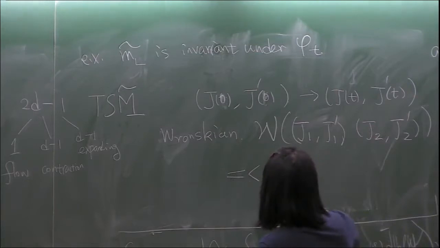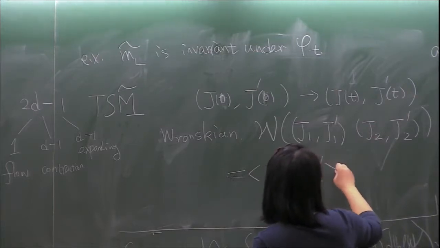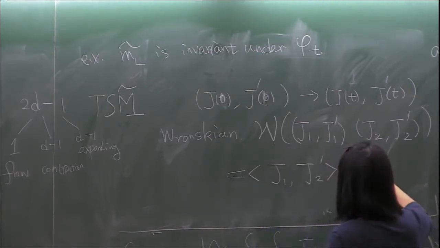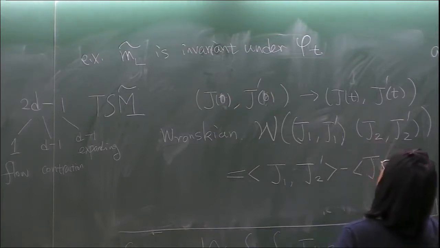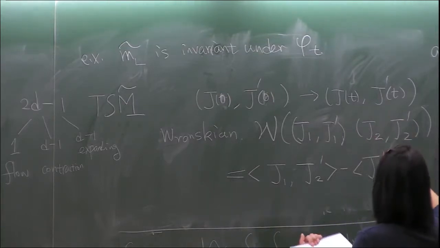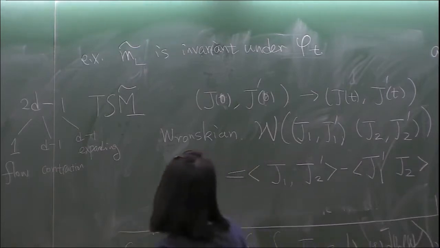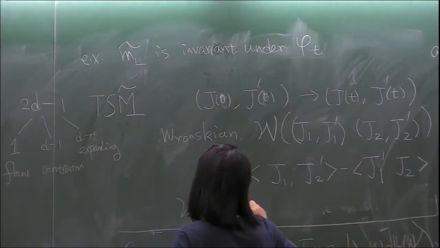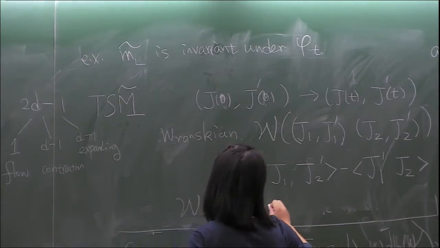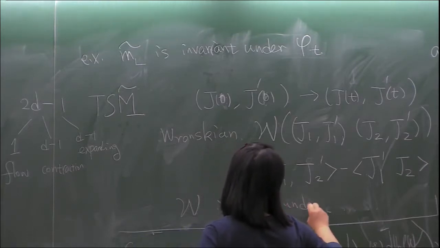So this is J1, J2, this one, then plus minus this J1 prime and J2 prime. Okay? So using the Jacobian equation I gave you yesterday, actually you can show this guy is invariant under T.